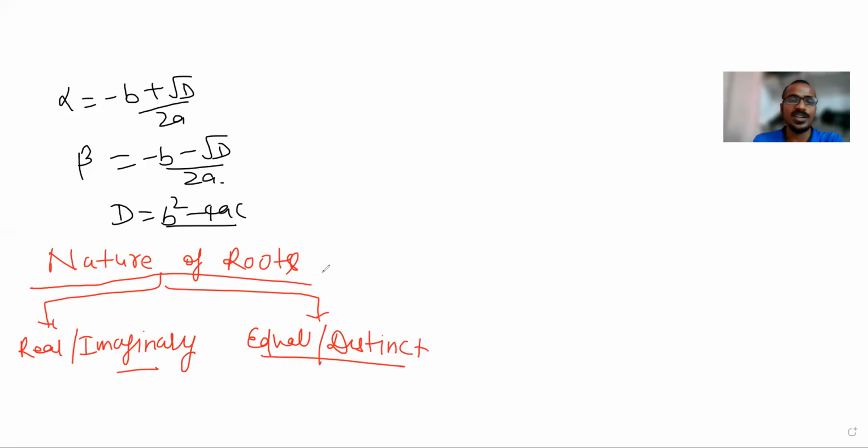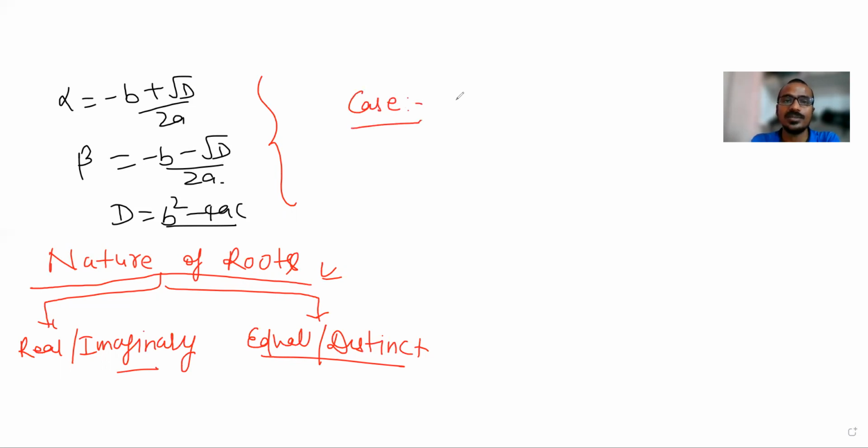So the nature of roots tells us whether these roots are real or imaginary, equal or distinct. How can we conclude this? By the value of D, we can calculate whether the roots are real or imaginary, and whether they are equal or distinct. So there are three cases.